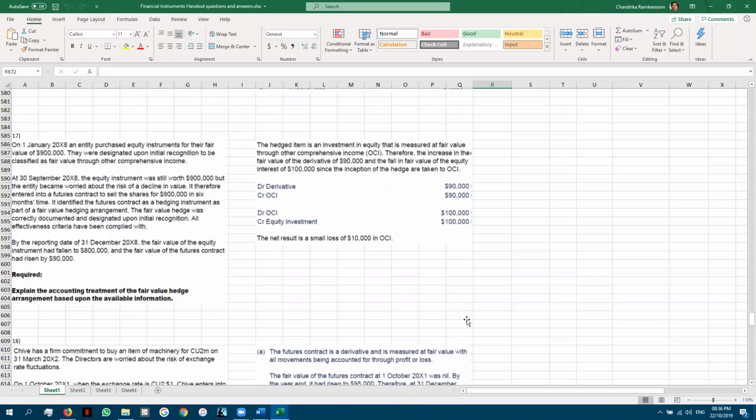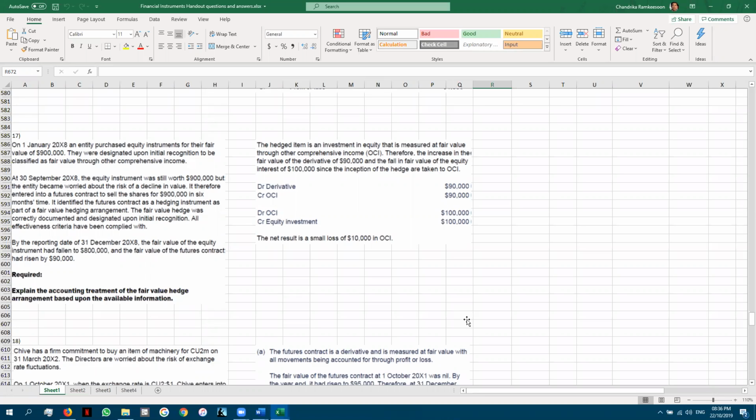They were designated upon initial recognition to be classified as fair value through OCI. Now, don't mistake this with fair value hedge as opposed to cash flow hedge. This is simply what we will do regardless. If the investment is an equity and if it's designated as fair value through OCI.